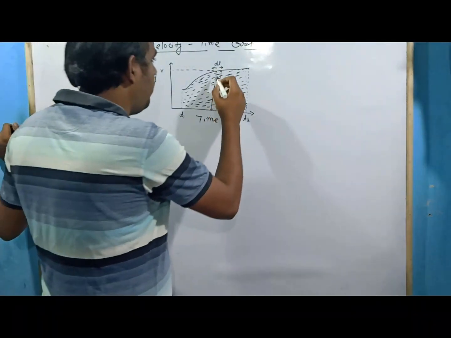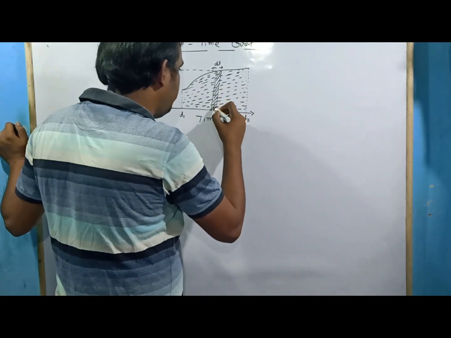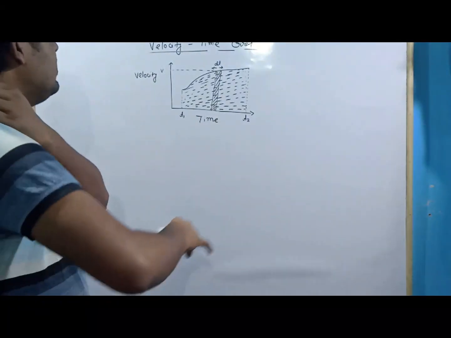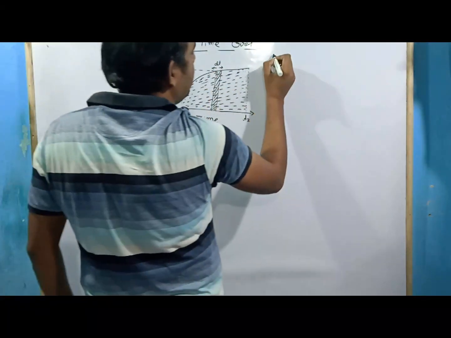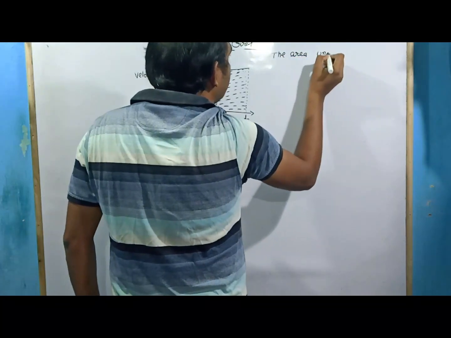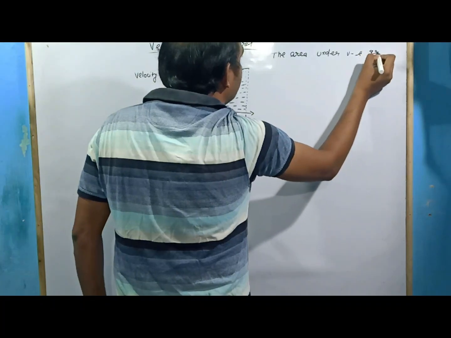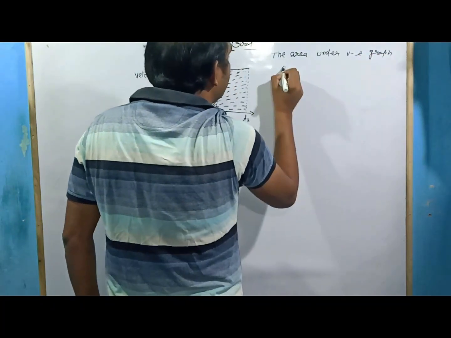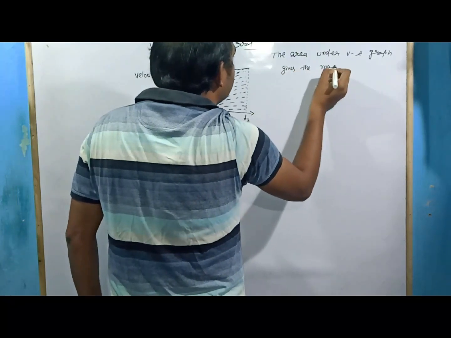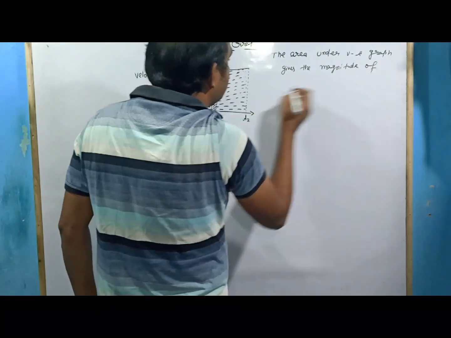What we have studied previously is that the area under the velocity time graph gives the magnitude of the distance covered.